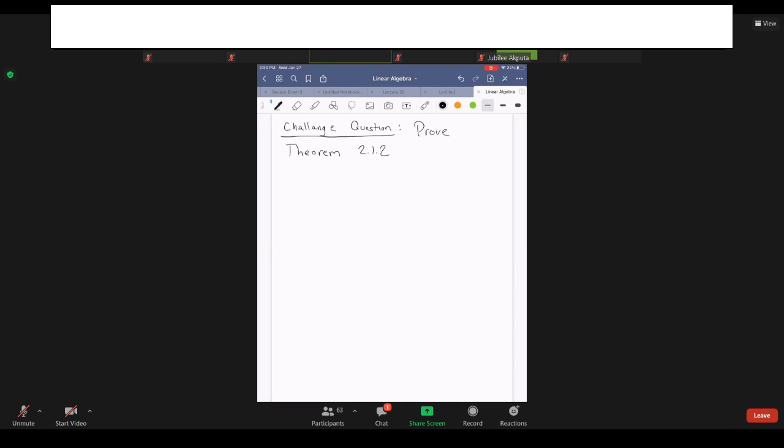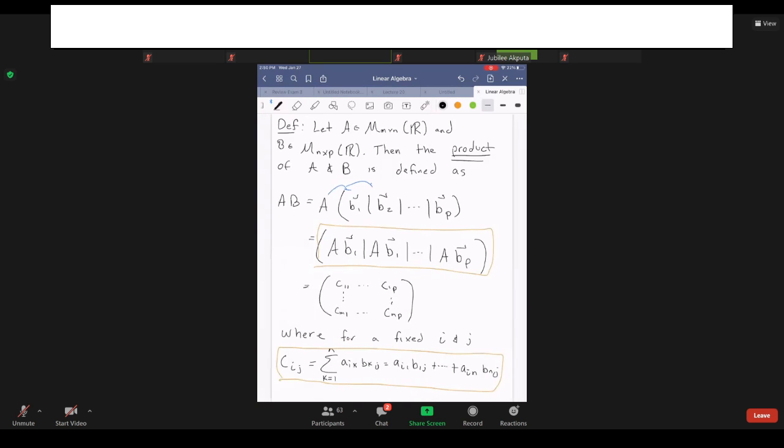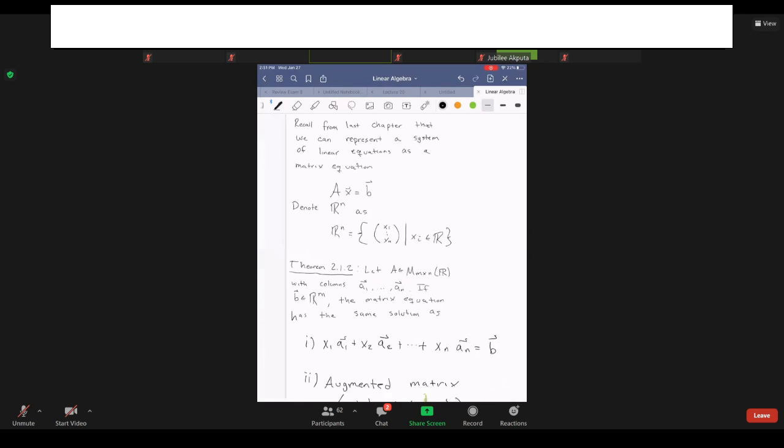So all you have to do is write out the matrix equation with the elements, or even just with row vectors, and then use what we just learned about the definition of matrix multiplication. I would suggest you use this form right here, a combination of these two, and you'll be able to prove this theorem.